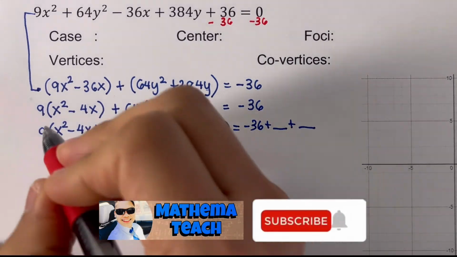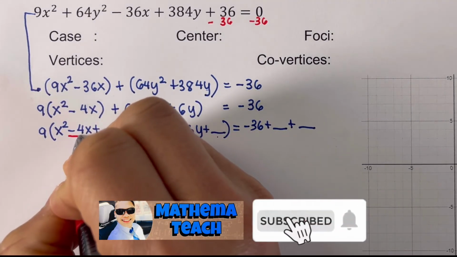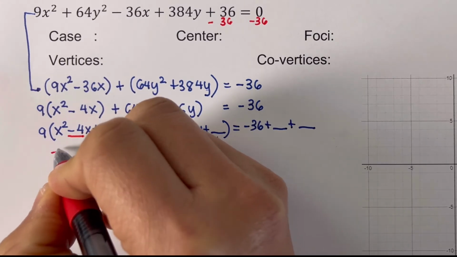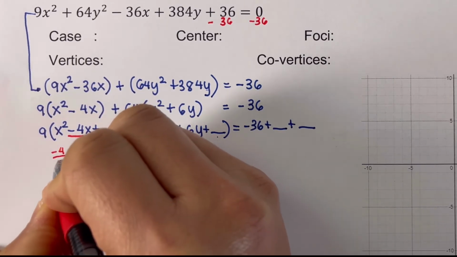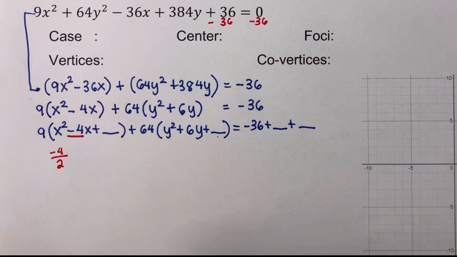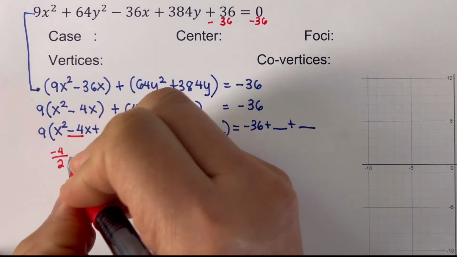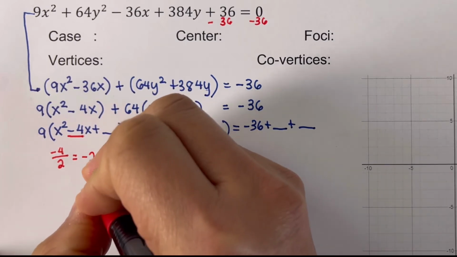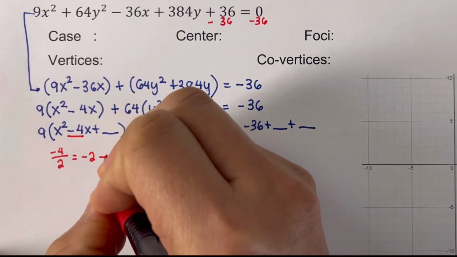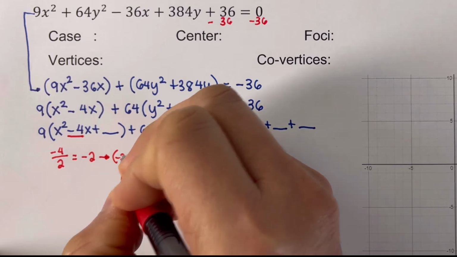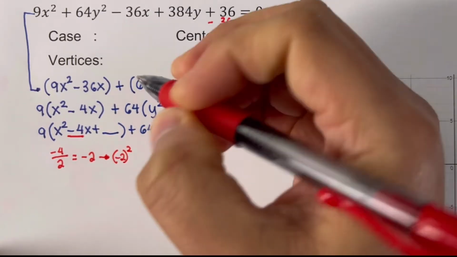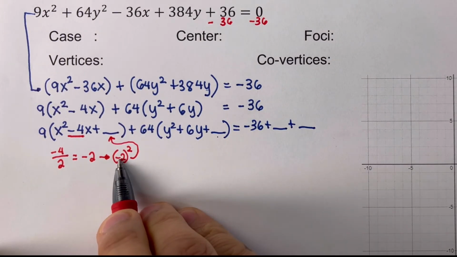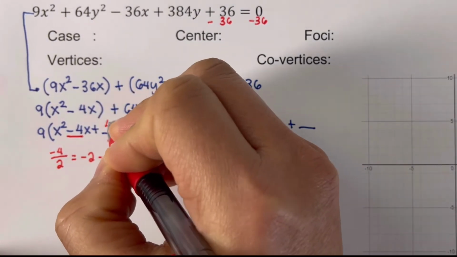We look at the middle term right here, which is negative 4. We always divide this by 2 every time. So negative 4 divided by 2 is negative 2. Then we are going to square it. Negative 2 squared is a positive 4.